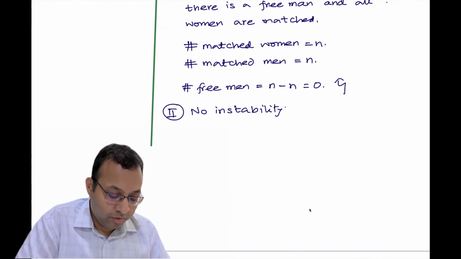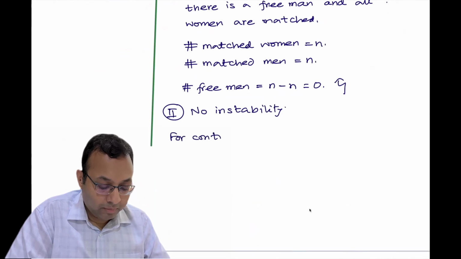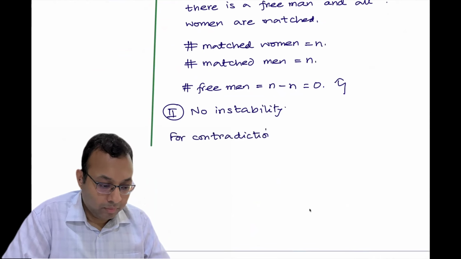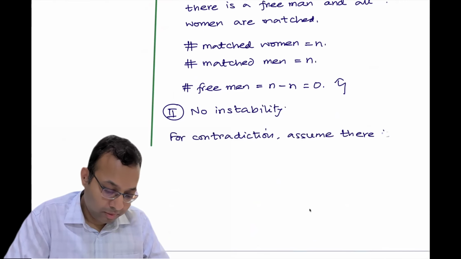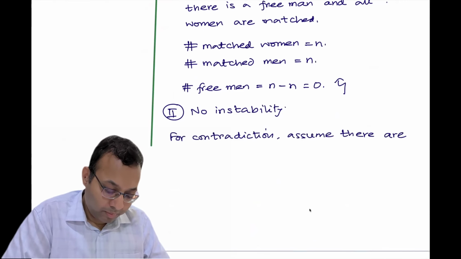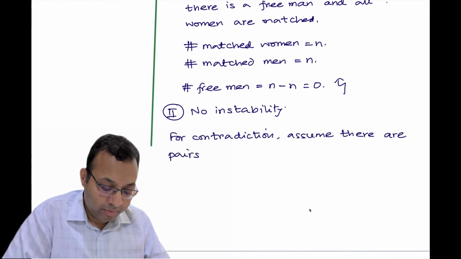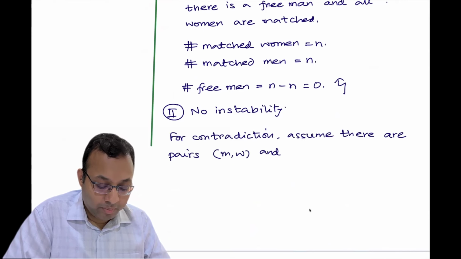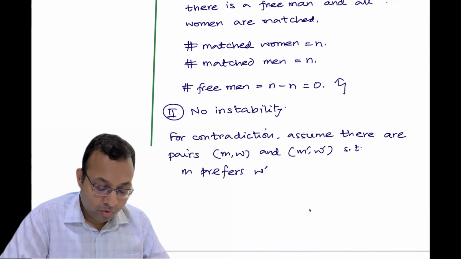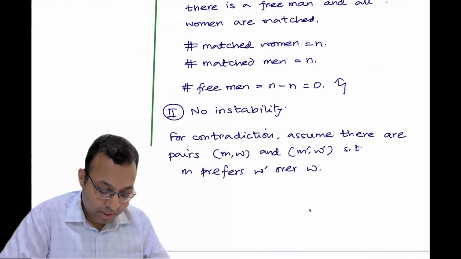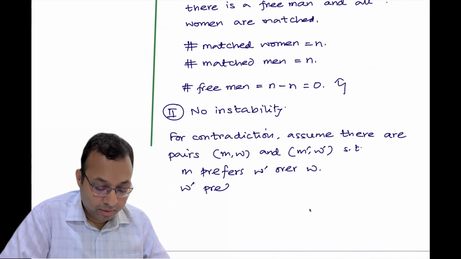Same, we assume for contradiction that there are pairs returned by our algorithm, (M, W) and (M', W'), such that M prefers W' over his current partner, which is W, and W' prefers M over her current partner M'.